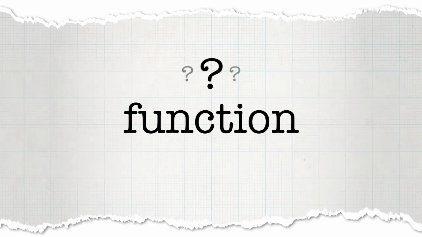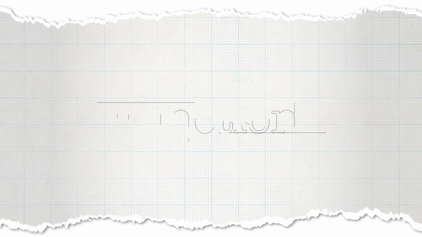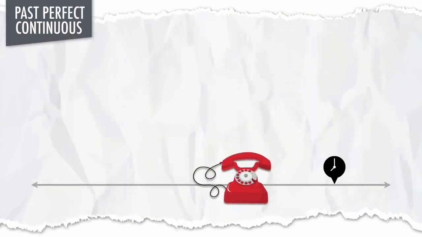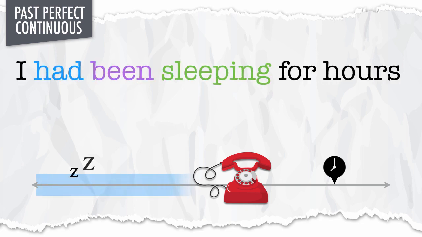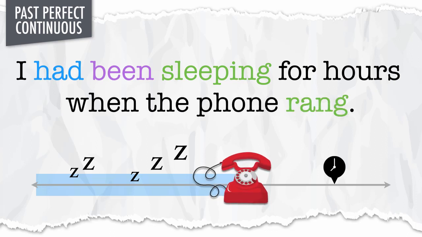In each video, I'm going to teach you about the function of these tenses. Basically, why do we use one and not the other for different situations? These are questions your students are often going to ask you, so it's important to know. For example, I had been sleeping for hours when the phone rang.